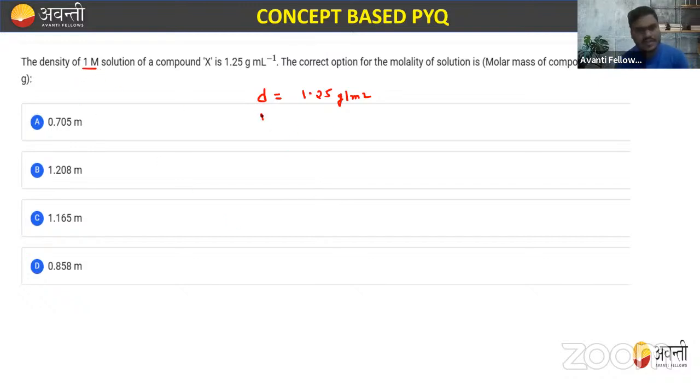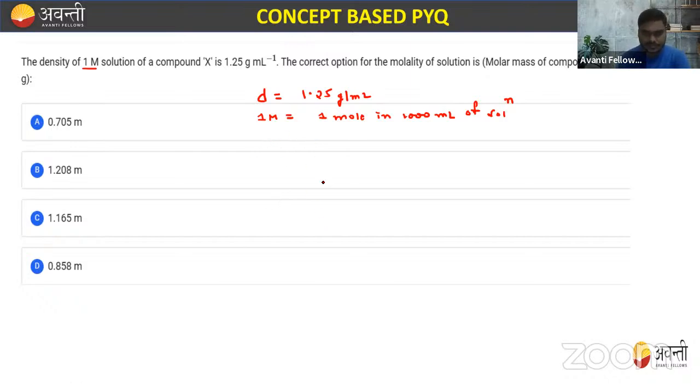So one molar means again, what do you mean by the one molar? That is one mole in 1000 ml of solution. 1 mole in 1000 ml of solution. This is the basic definition of one molar, right?